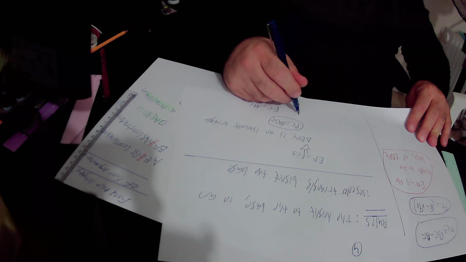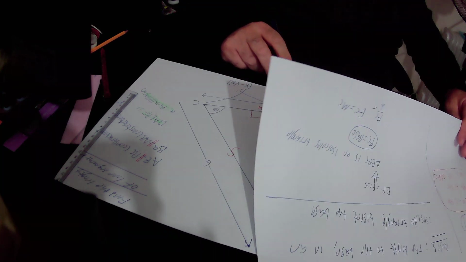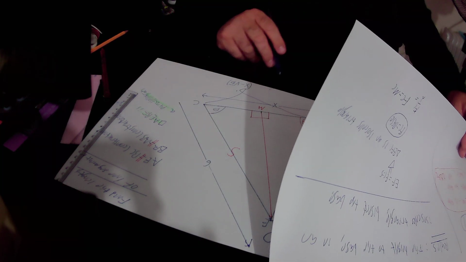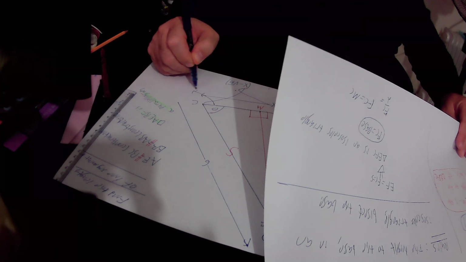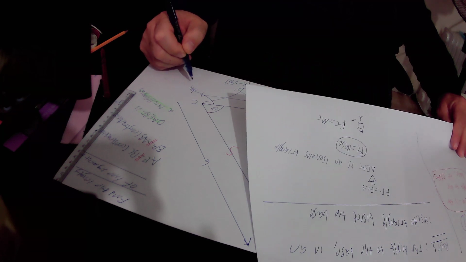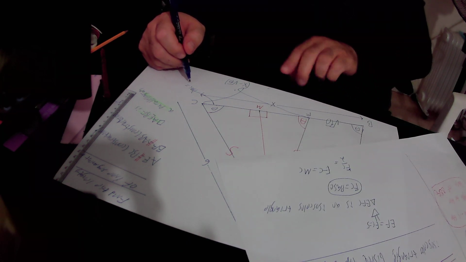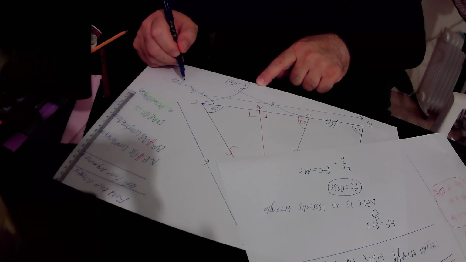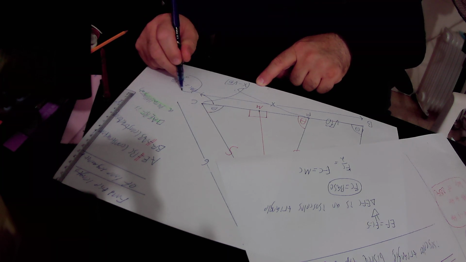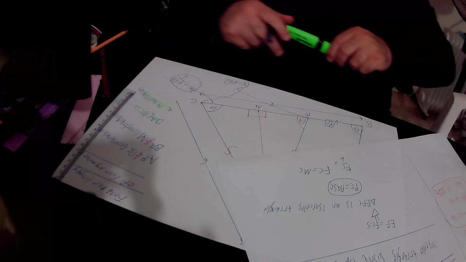That is to say, FC over 2 equals FM equals MC. So here MC equals FC over 2. FC is x minus square root of 10, and FC over 2 is x minus square root of 10 over 2. So we found out that MC equals x minus square root of 10 over 2.